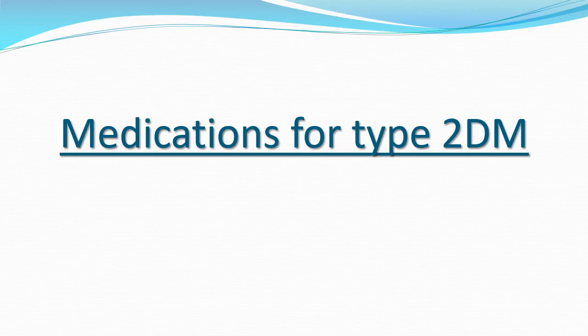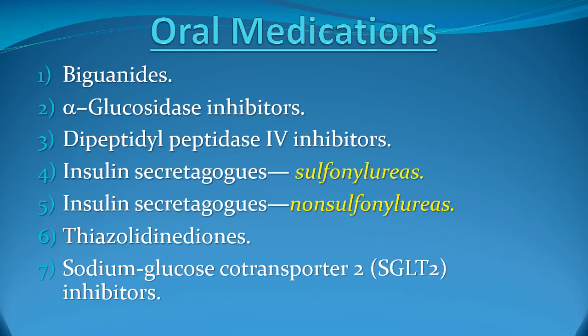Now, what are the various medications available for treatment of type 2 diabetes? The medications for treatment of diabetes are divided into oral and parenteral. The oral medications include biguanides, alpha-glucosidase inhibitors, dipeptidyl peptidase 4 inhibitors, insulin secretagogues of the sulfonylurea class, insulin secretagogues of the non-sulfonylurea class, thiazolidinediones, and finally sodium glucose cotransporter inhibitors.